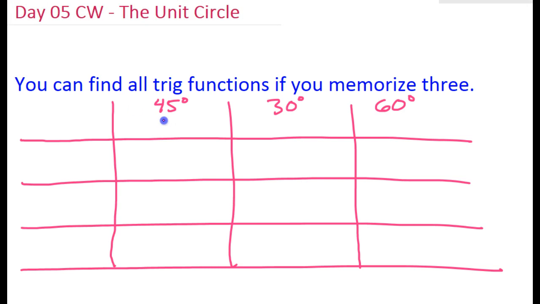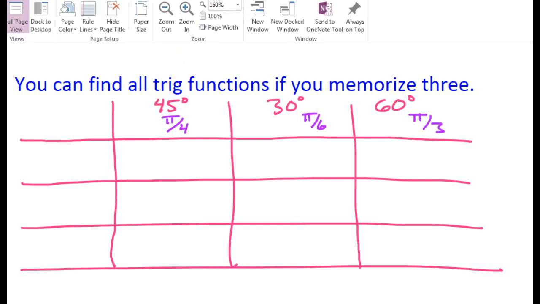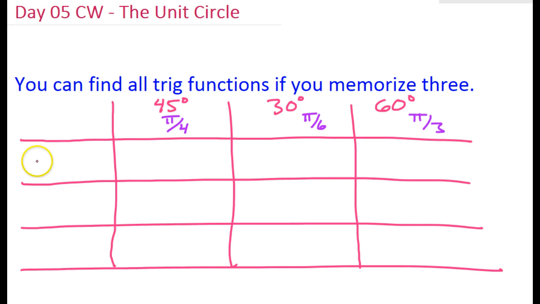In radians, this would be pi over 4, and this would be pi over 6, and this would be pi over 3. So these are the same thing. Now, we should be able to find sine of a special angle, cosine, or tangent.